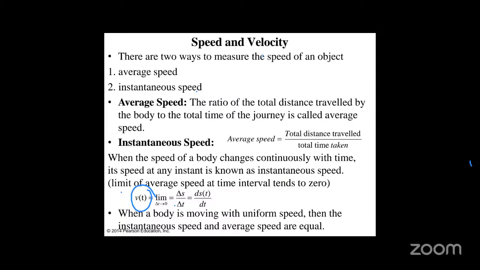Note that point. It is very important. When the body is moving with a uniform speed, the instantaneous speed and average speed are equal. But if it is not moving with a uniform speed, the instantaneous speed and the average speed are not equal.